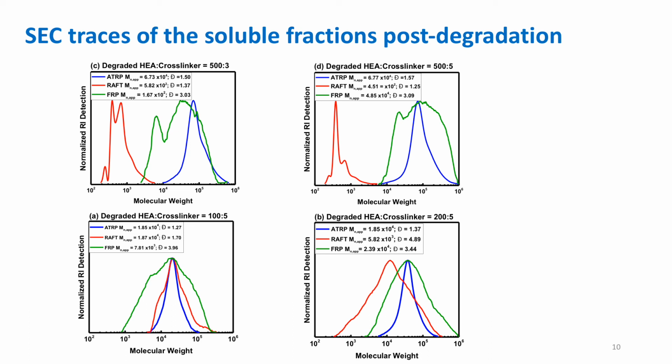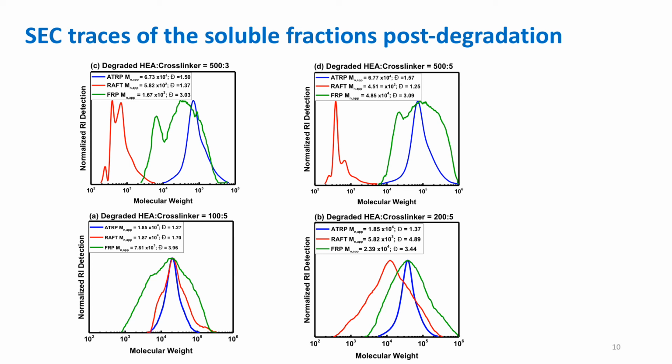It means that it has a less homogeneous network, so that is why it gives shoulder peaks. Also, the bottom two graphs show that RAFT gives broad peaks. Because of that, it has a higher dispersity value. The reason for this is the heterogeneous network in the RAFT.